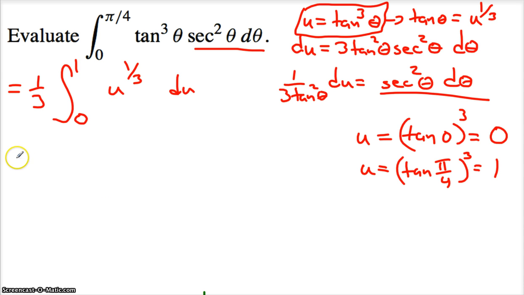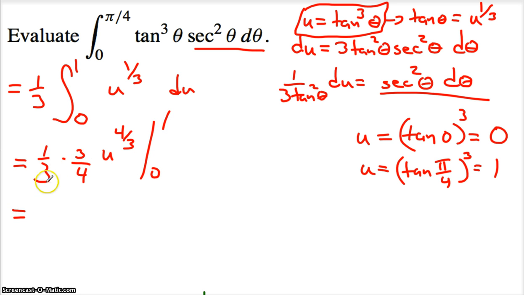Okay, so the antiderivative of u to the 1/3, we add 1 to the exponent, we get 4/3, and then we divide by that exponent, so flip and multiply, we get 3 over 4, evaluated from 0 to 1. Let's simplify. 1/3 times 3/4 is 1/4 u to the 4/3, evaluated from 0 to 1.